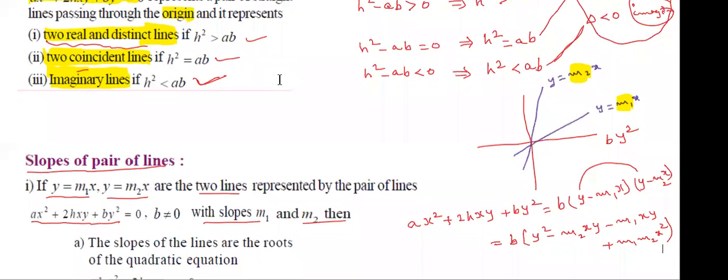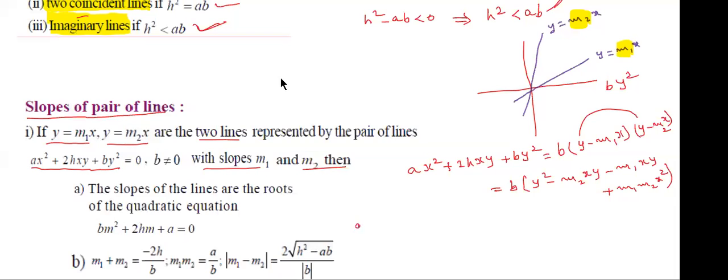Finally we can write ax square plus 2hxy plus by square is equal to, multiplying with b also, by square minus, taking minus xy common, minus b into xy times m1 plus m2, plus m1 m2 b x square.